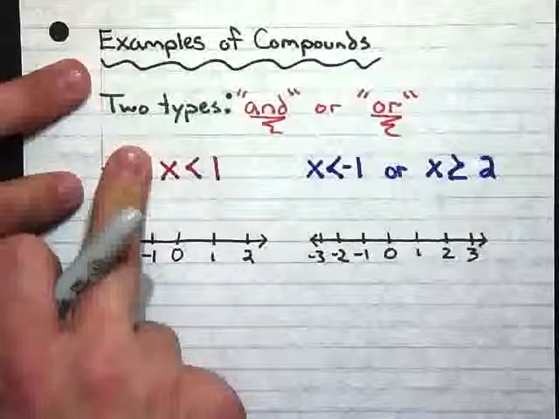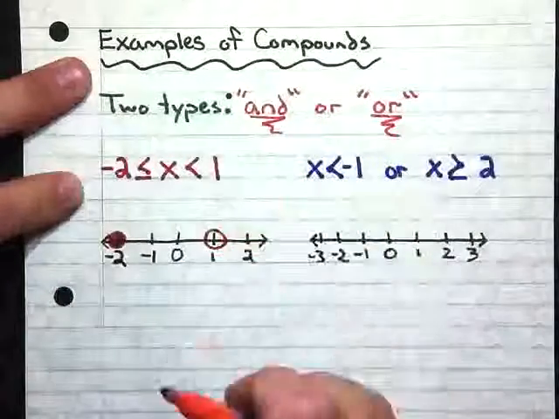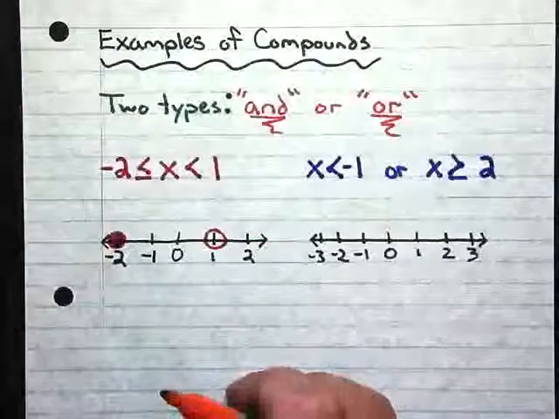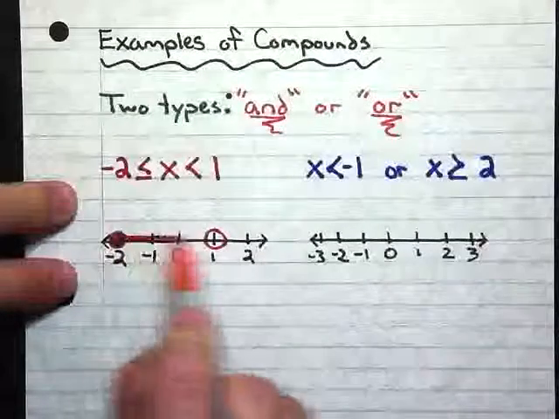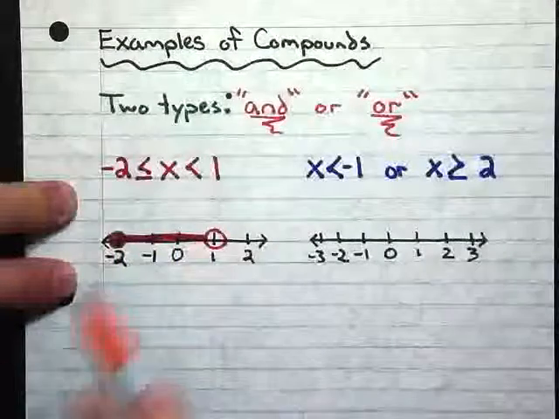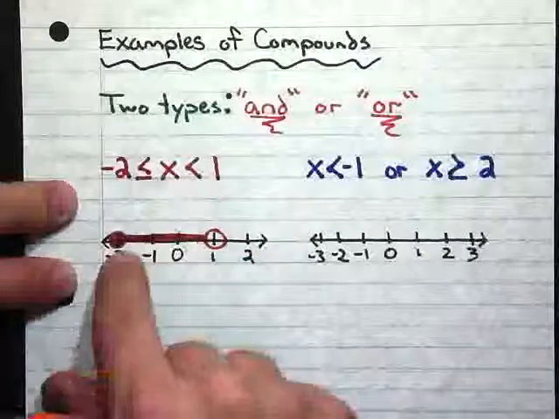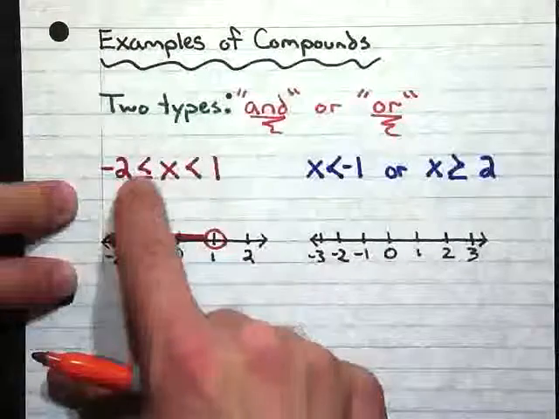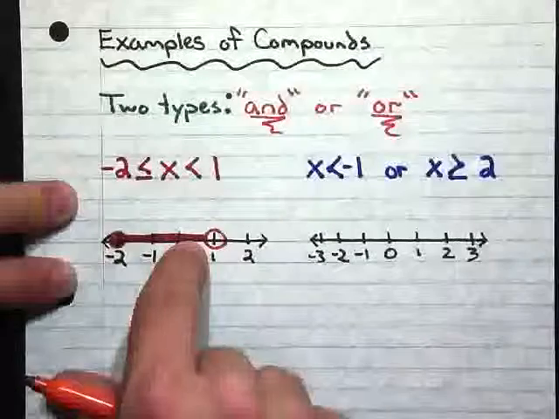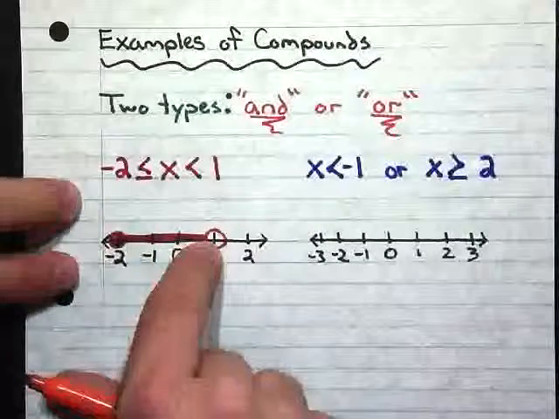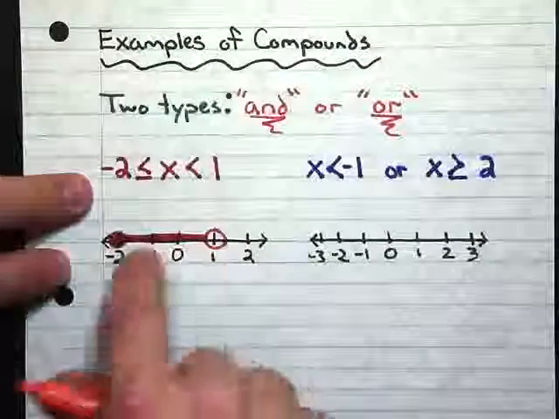So our inequality is less than, which means it's an open circle at 1. With an and compound inequality, the solution is in between two numbers. So we would draw our line connecting those two, and that would be the graph of the solution. Because if you think about it, negative 2 is less than or equal to x, meaning x is greater than negative 2, so it would be everything to the right of negative 2, but it's also less than 1. So our solution is in between those two numbers.